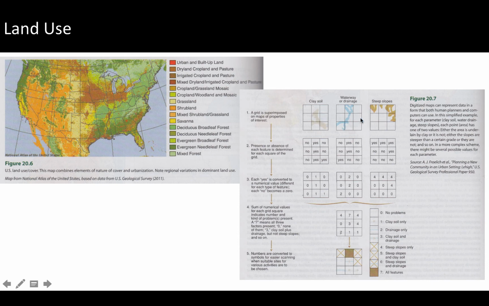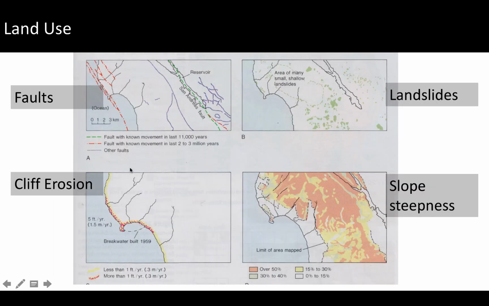So any three of those things may or may not be present, and we need a number that is unique to the things that are present in that area. And so that's what that key is down here. We then take that number, we give it a color or a symbol, and in this case we plot it up on the map.